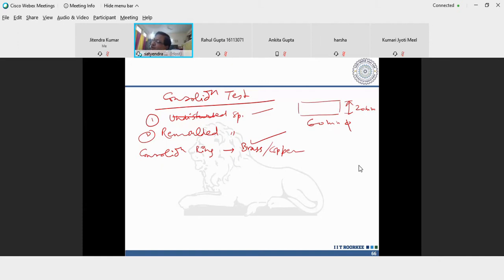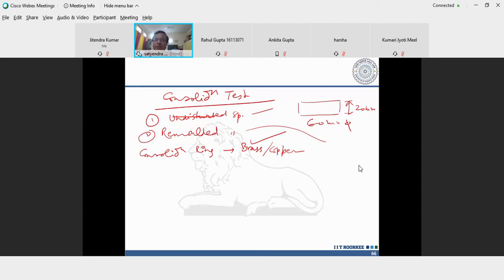Now, as I said, it can be an undisturbed specimen or remolded. In the remolded case, we take the soil, initially oven dry, then minus 2 mm size. Then you add water into it. For addition of water, you have two choices. One is that you conduct the compaction test, which I have already explained long back.